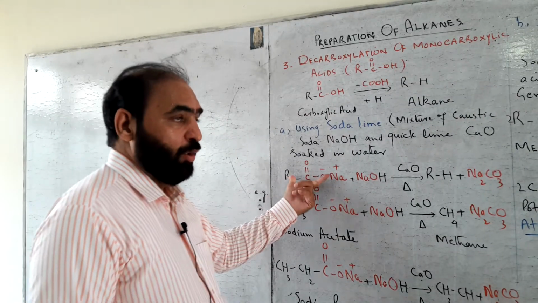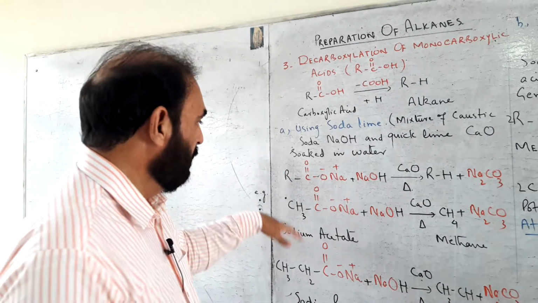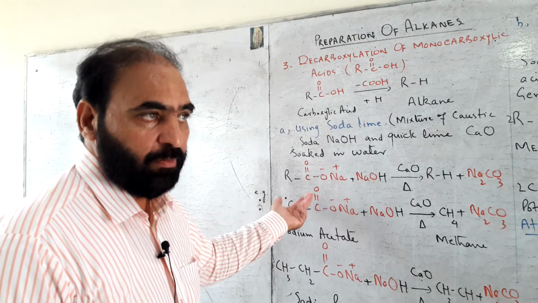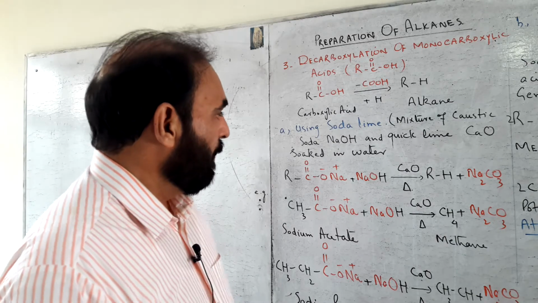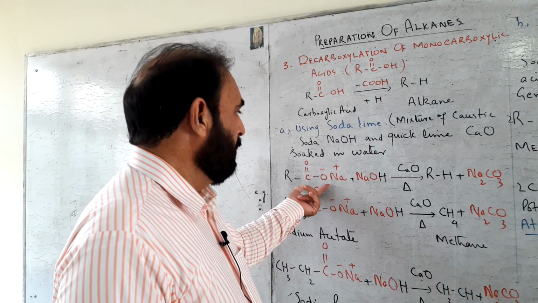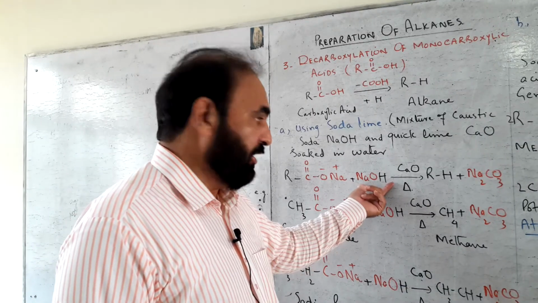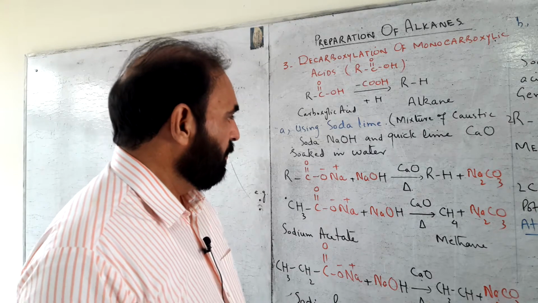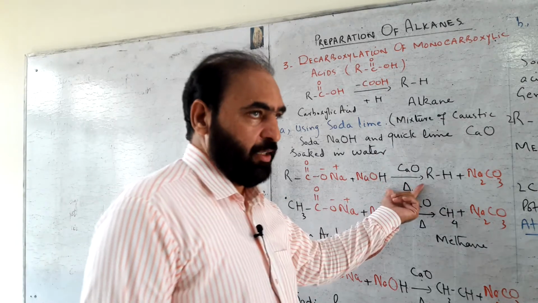So this is the sodium salt of a monocarboxylic acid, where R stands for an alkyl group, maybe a methyl group, and so on. And it is reacted with sodium hydroxide, which is present in soda lime, in which calcium oxide is also present, which is heated at a certain temperature.